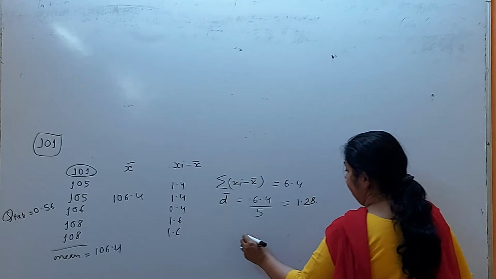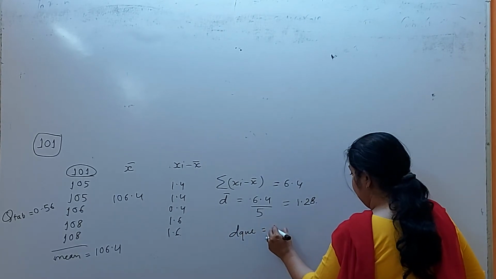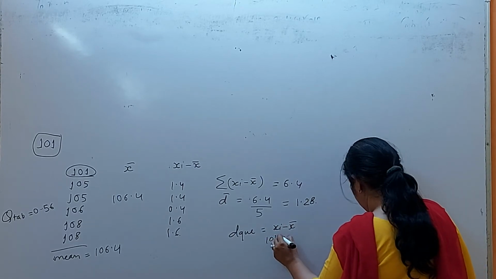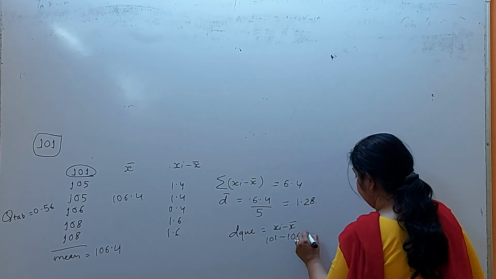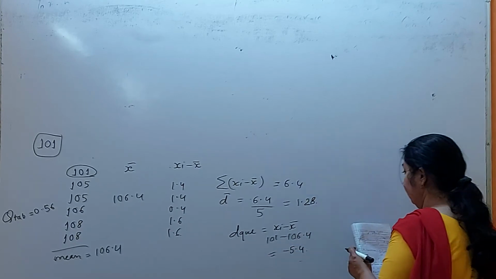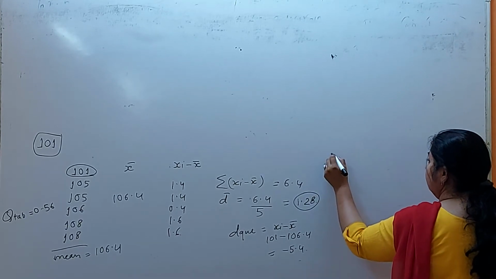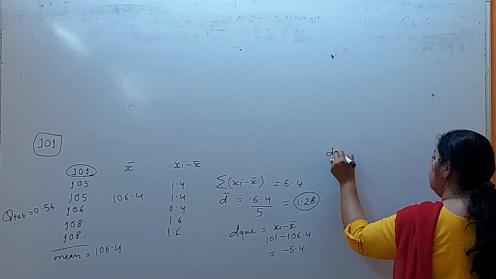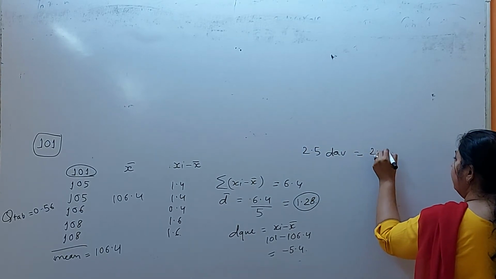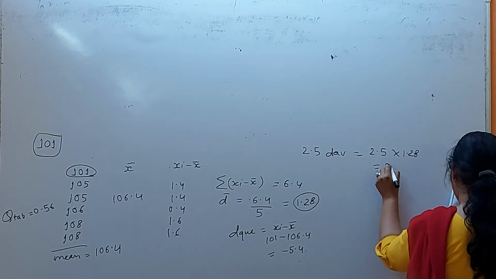Now we find d questionable, which is xi minus x bar, the doubtful minus the mean, so it comes out to be minus 5.4. Now 2.5 d average is 2.5 into 1.28, which comes out to be 3.2.